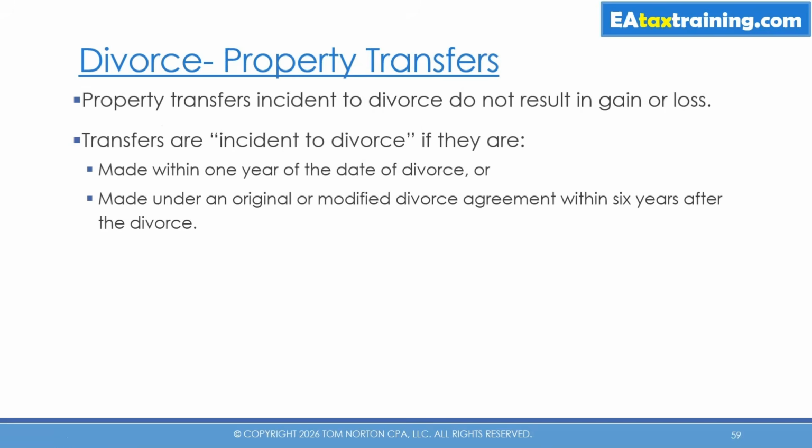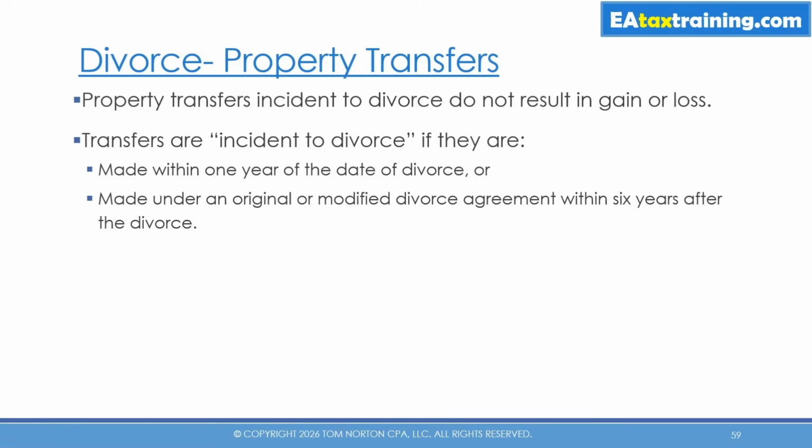And then for property transfers, remember, as we said, property transfers incident to divorce do not result in any gain or loss. But what does incident to divorce mean? Well, a transfer will be considered incident to divorce if it is made within 1 year of the date of the divorce or made under an original or modified divorce agreement within 6 years after the divorce.